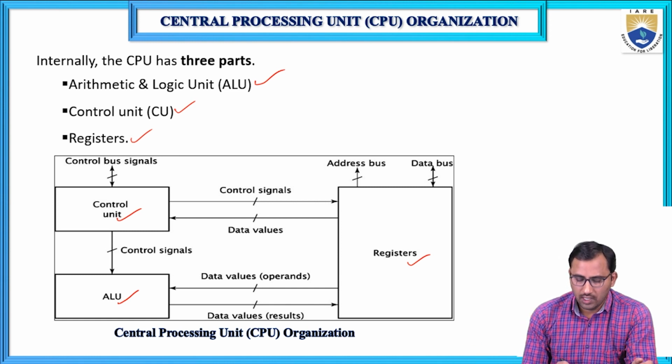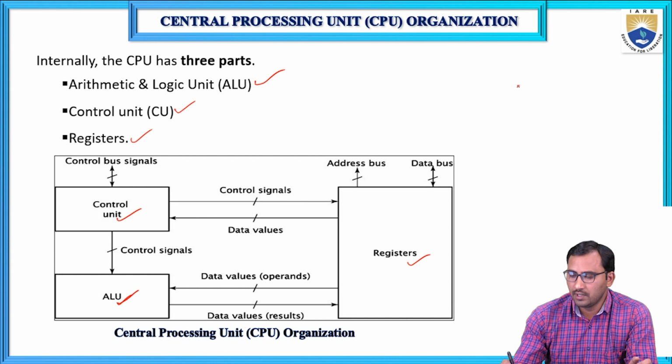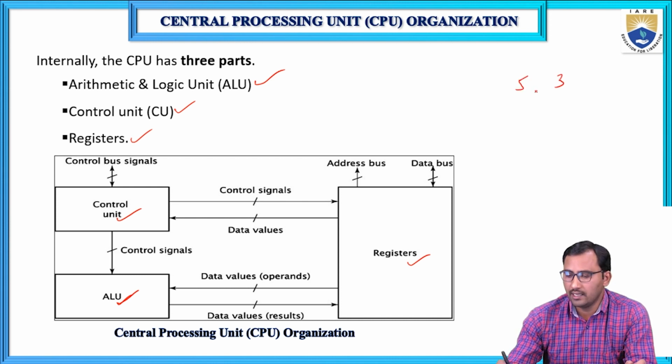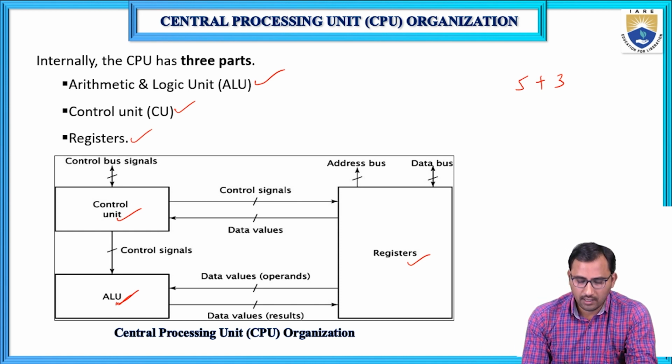Now, the ALU, the arithmetic and logic unit, performs different arithmetic and logic operations. Suppose you want to perform a simple addition, like 5 and 3. 5 is one operand and 3 is another operand, and we are going to add them. This addition operation is performed inside the ALU.